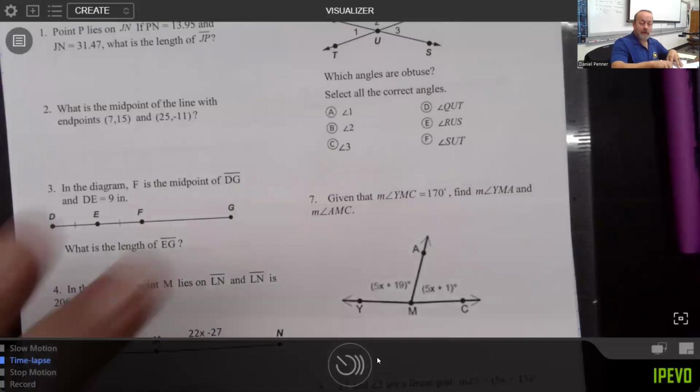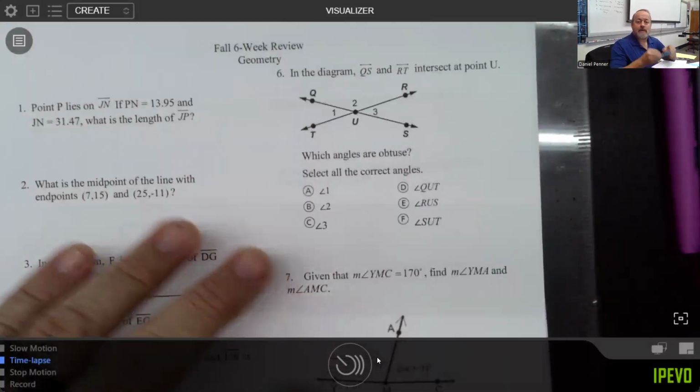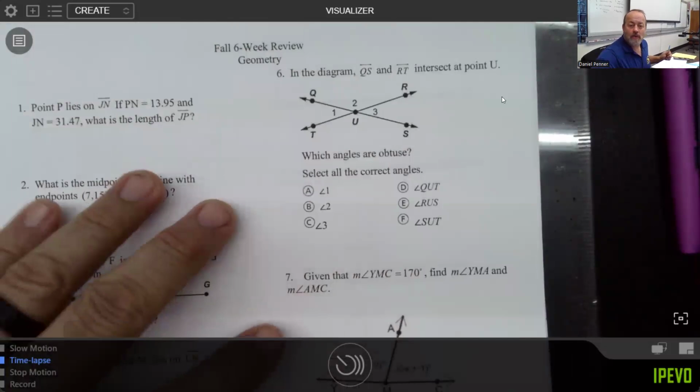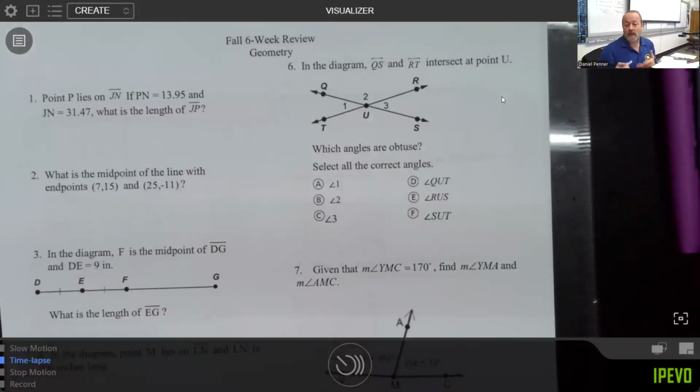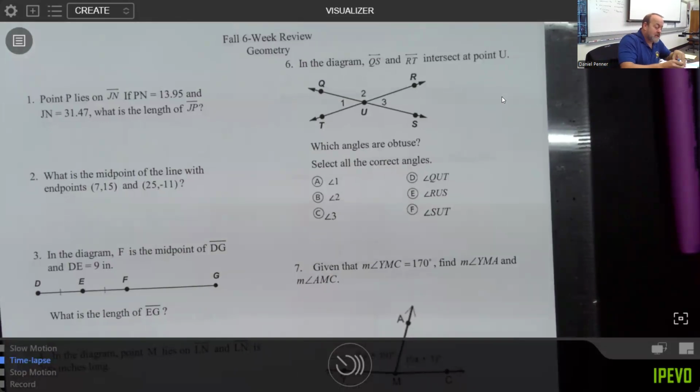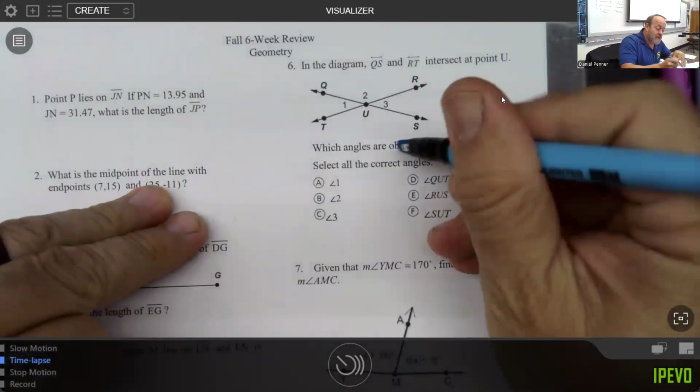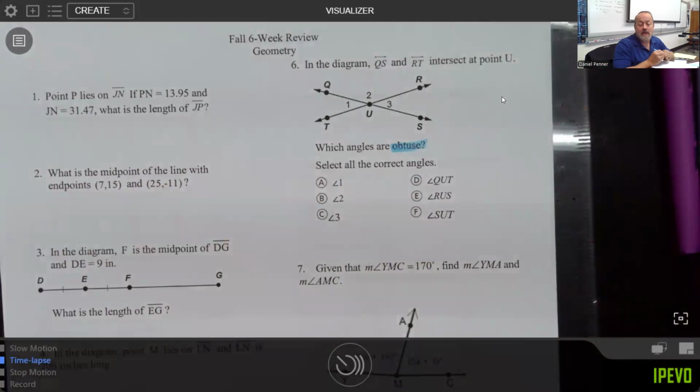This problem asks you right away which angles in the diagram appear to be obtuse. Diagrams can be misleading, but we're saying whatever it looks like is really what it is. I'm looking for any angles above 90 degrees.